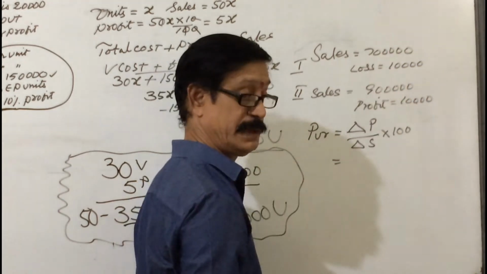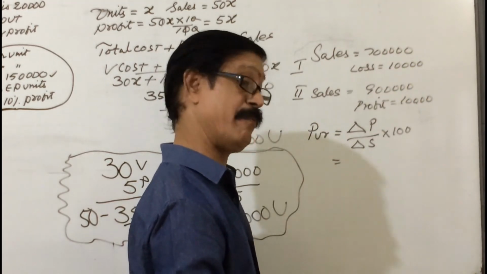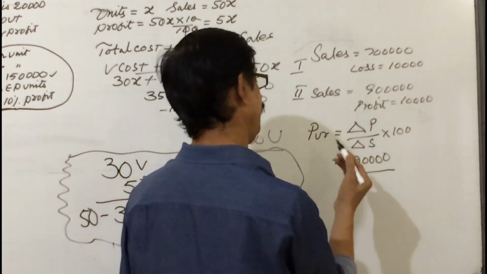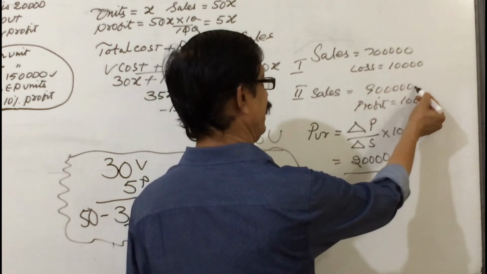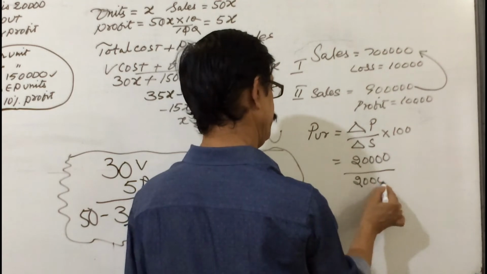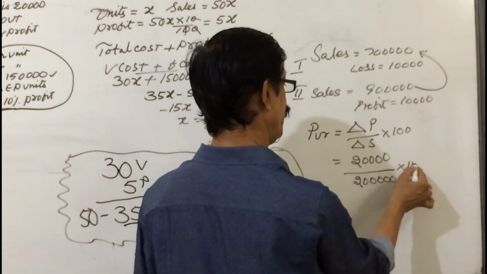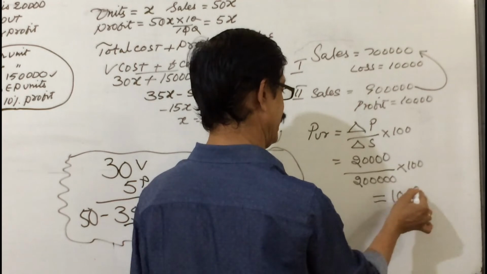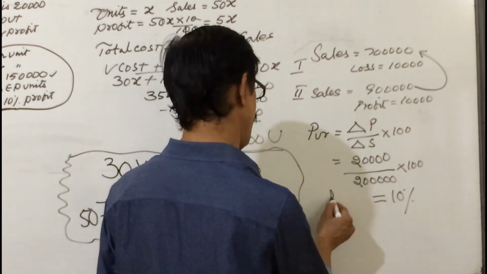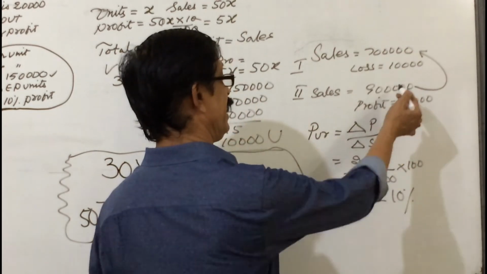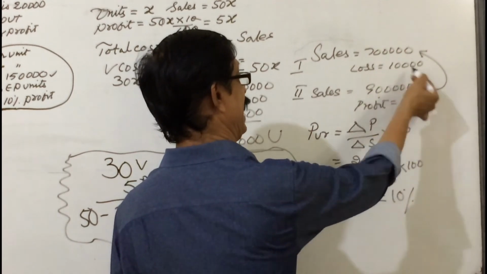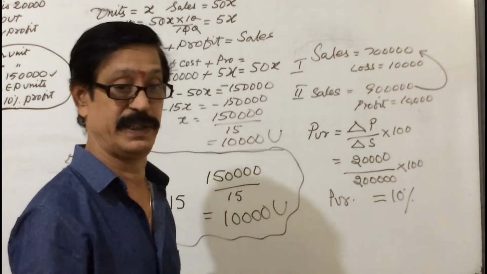This is loss. 10,000 plus 10,000, that is equal to 20,000, divided by delta sales, 9 lakhs minus 7 lakhs, that is equal to 2 lakhs, into 100. That is equal to 10%. Understand or not? So PVR is equal to 10%.